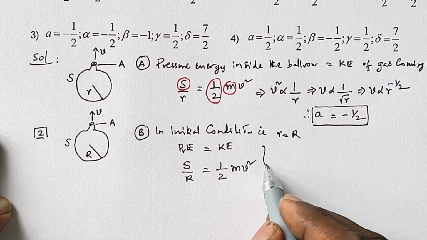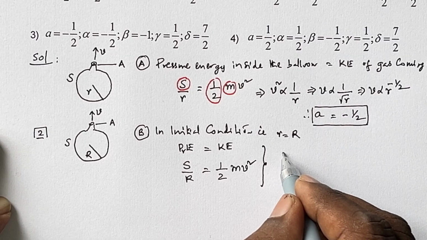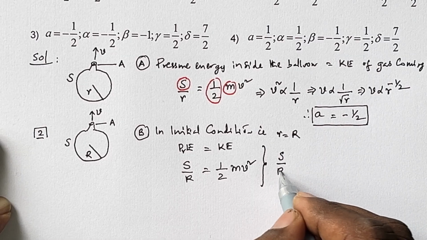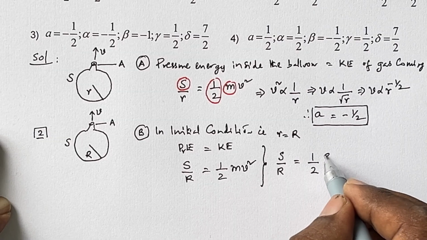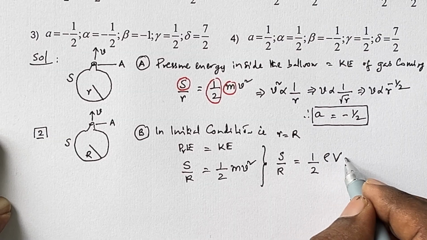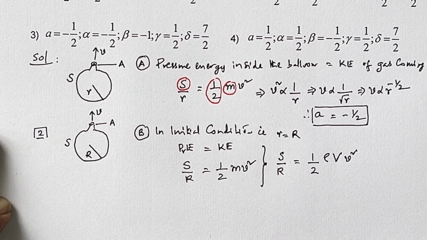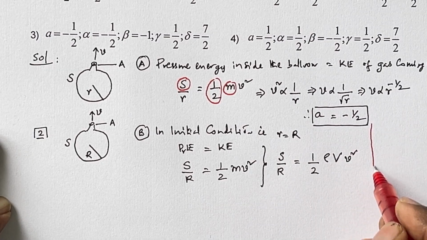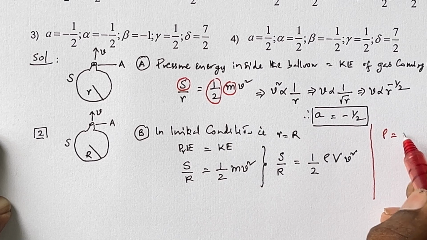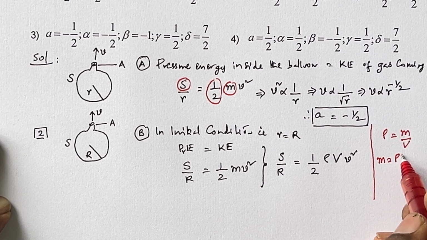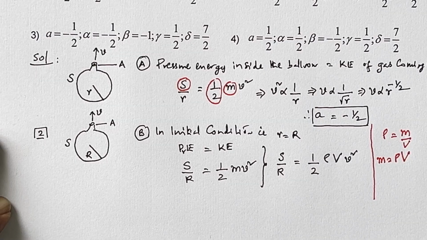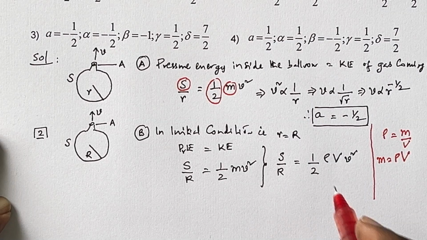So S by R is equal to half into density into volume into V square. See how it came. Density is equal to mass per volume. Mass is equal to density into volume. So in place of mass I have written density.